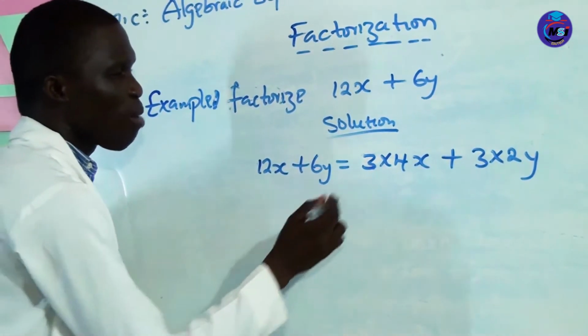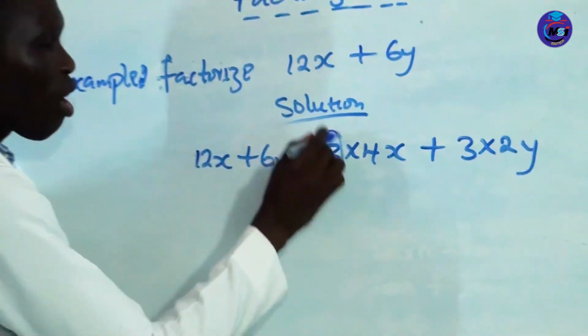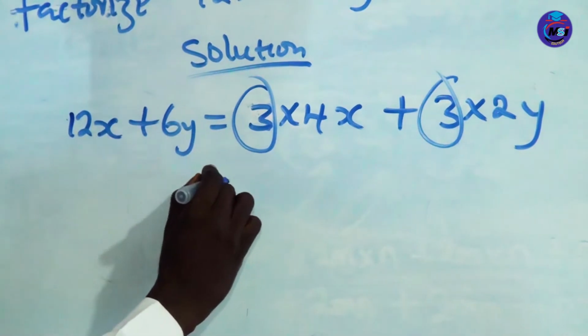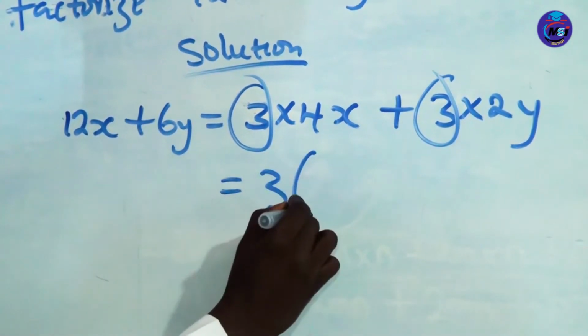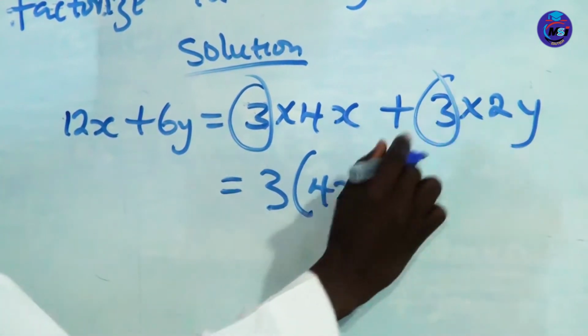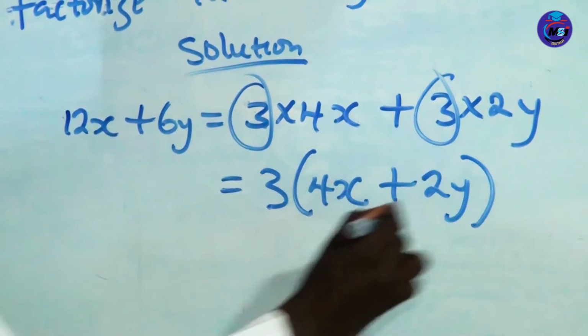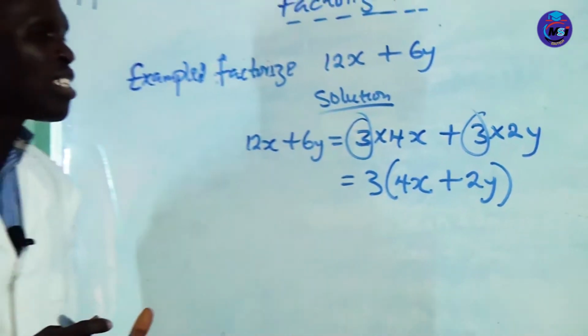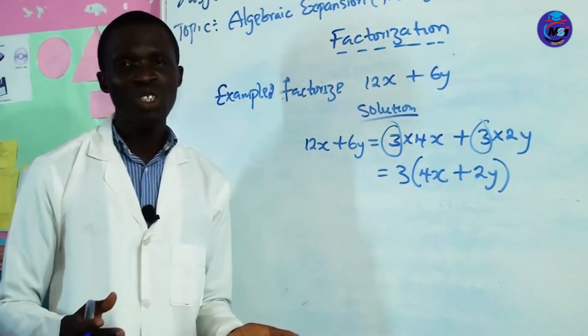So now, from here, you can see that 3 is common here, 3 is common here. That means we have 3 bracket 4x plus 2y. Now, you can see that factorization is the opposite of expansion.